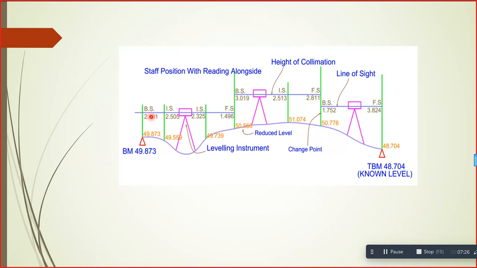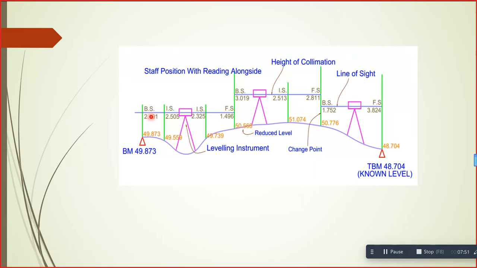I will only clarify on the first benchmark because the same repeats on the second. So when we are setting the instrument, we have the first reading, which is the backsight. We have 2.091 being our first reading. Then we have two intermediate sights, which give the height of instrument, 2.505 and 2.325. And the last reading, which is the foresight, is 1.429.